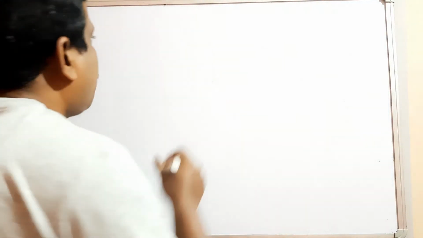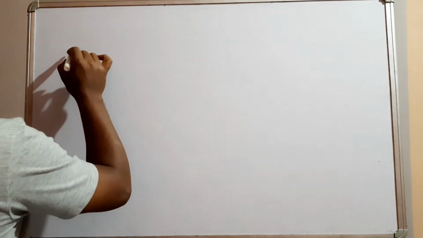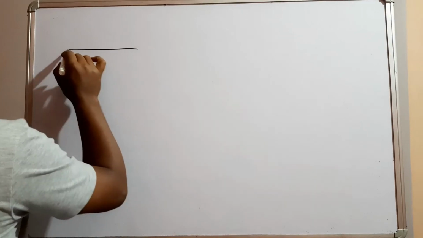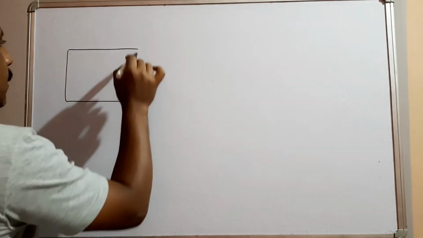When electric power is generated at the power generating station, it is generated at a voltage of 11 kV. Clear? Here I am drawing the figure. Suppose this is the power generating station.